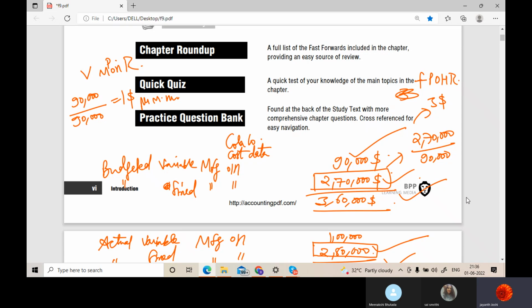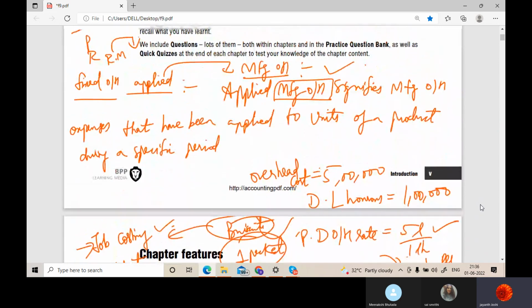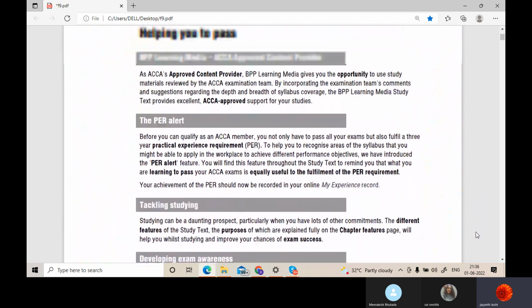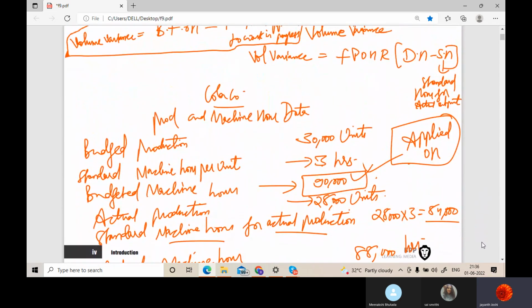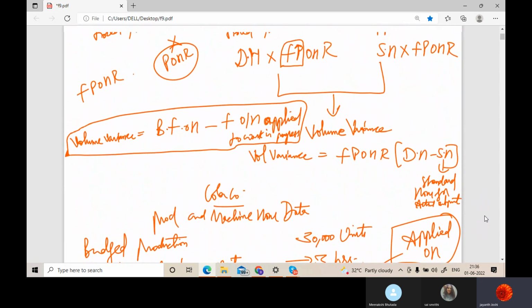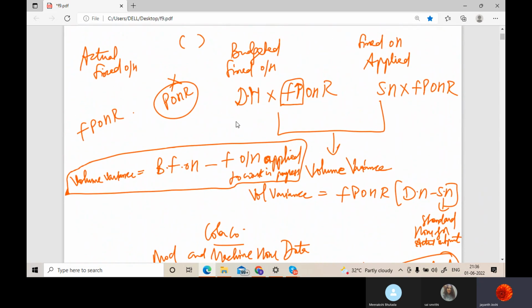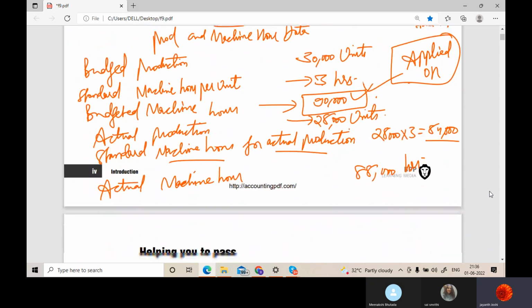Now what you have to do is just go to the formula and put the things in. So our denominator is 90,000. Fixed predetermined overhead rate is 3. Standard hours for actual output is how much in the question?